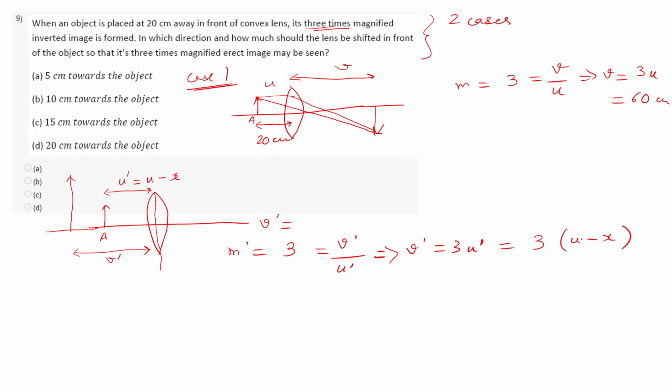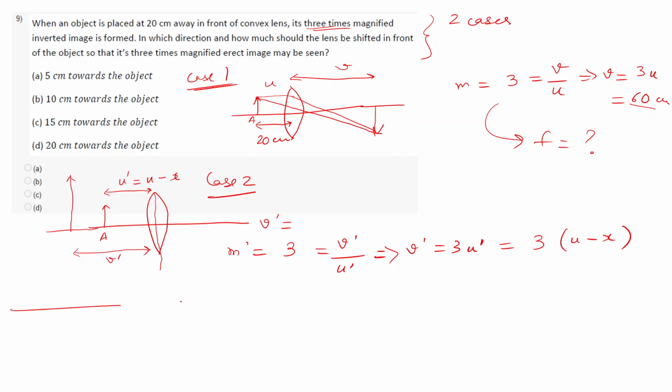If I find out x, then I can tell this. I can find this out from lens maker formula, but I need focal length, because we have not been told. So from case 1, where I know object distance and image distance, I'll find focal length, and then substitute that value in case 2.